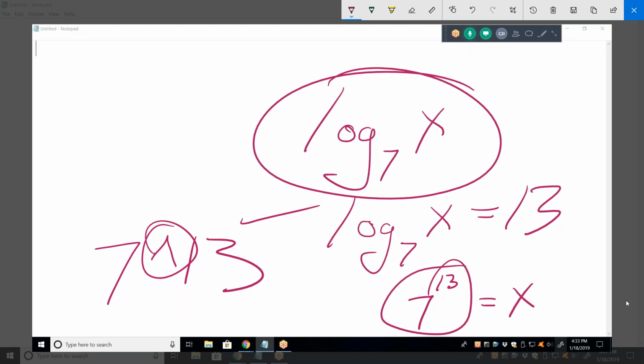A big number, right? Take 7 and raise it to the 13th power. What does it tell you?